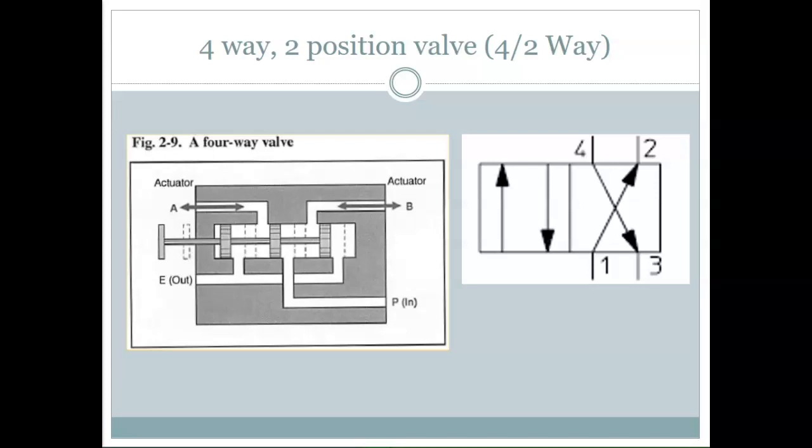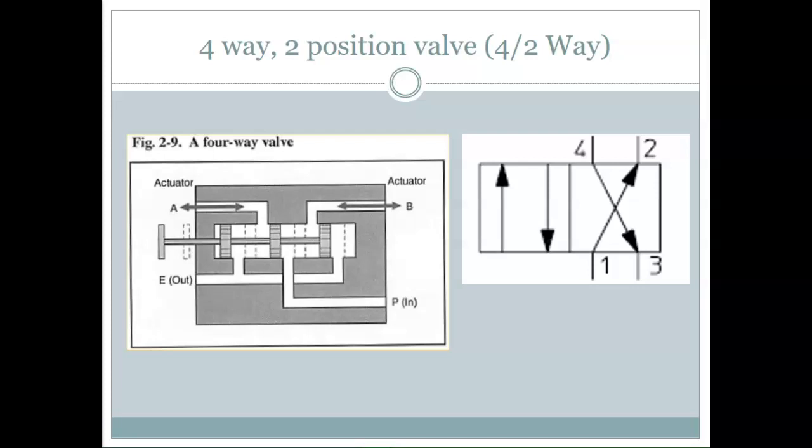The way you determine the number of ways is looking at either one of these boxes. How many times does it have something touching the edge of the box? In this case, we have 4.